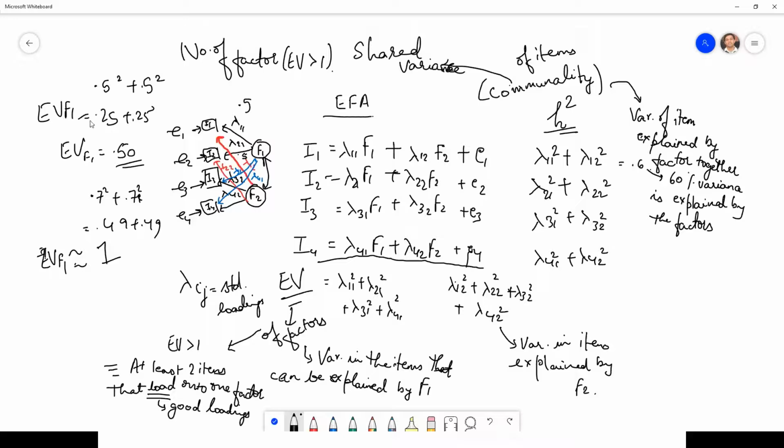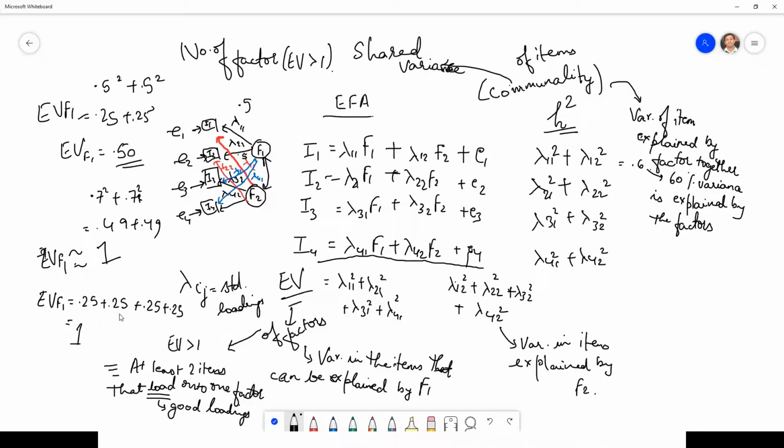So if there are 4 items, each with loading 0.5, then you will get 0.5 square plus 0.5 square and so on, which is 0.25 four times. So poor loadings but more items, and you get an eigenvalue of 1.